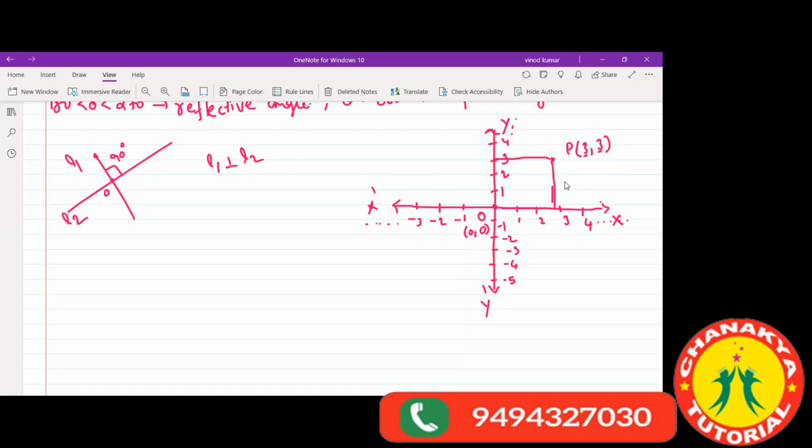This P denotes (x, y). Every point in the plane can be represented by two numbers, that means P of (x, y). x means the distance from the y-axis to the point P, and the distance from the x-axis to the point P is y.